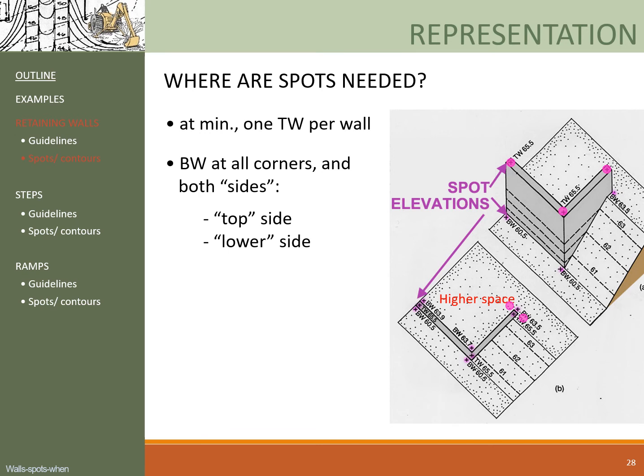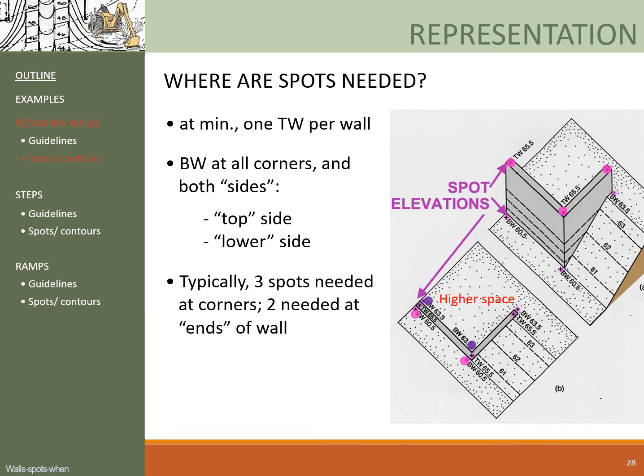However, when we get to these two corners, as mentioned before, the higher space led to higher BW elevations at these two locations. In other words, the purple spots are higher than the pink spots, so they all need separate BW labels.